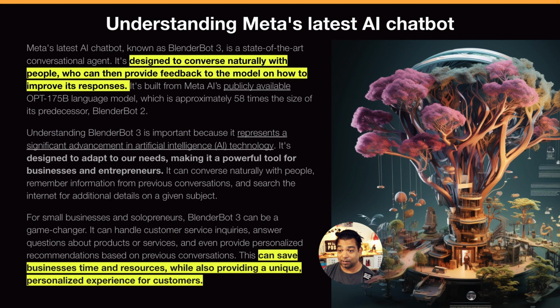We want to understand it because it's important and it represents a huge change and advancement in artificial intelligence. I highlighted some of these things that are really important for you to understand, like it's designed to adapt to our needs, making it a powerful tool for businesses and entrepreneurs. This can save businesses time, resources, and also provides a really personalized experience when it comes to customer service, leaving alone anything before that in the customer lifecycle.